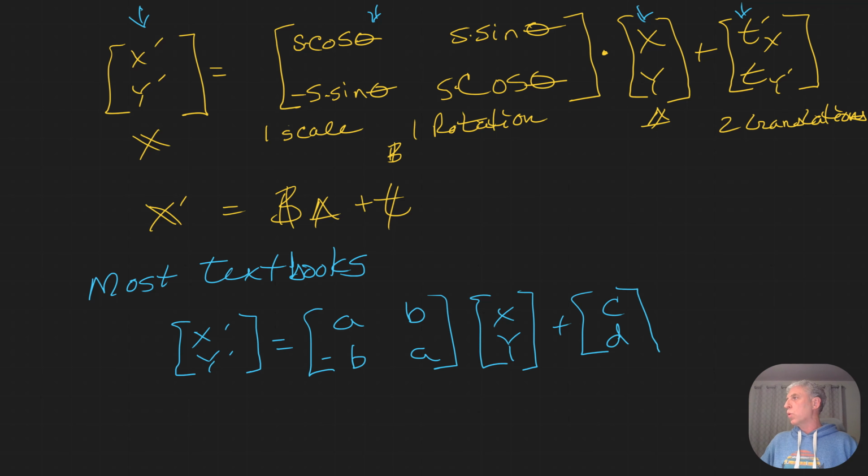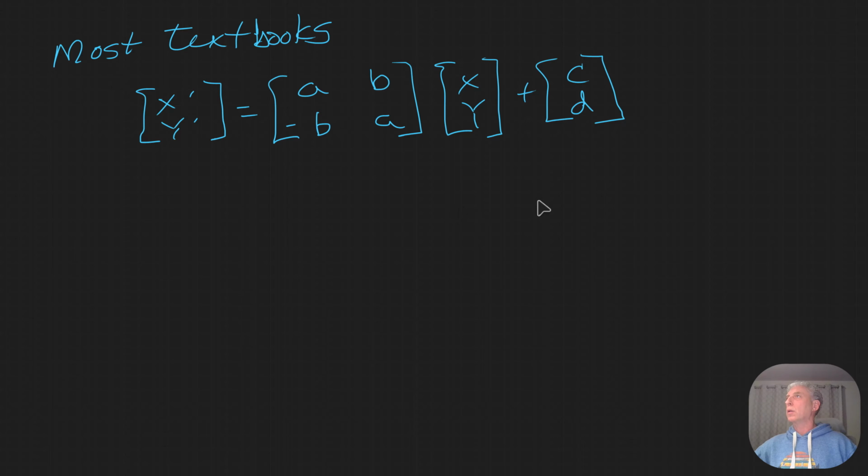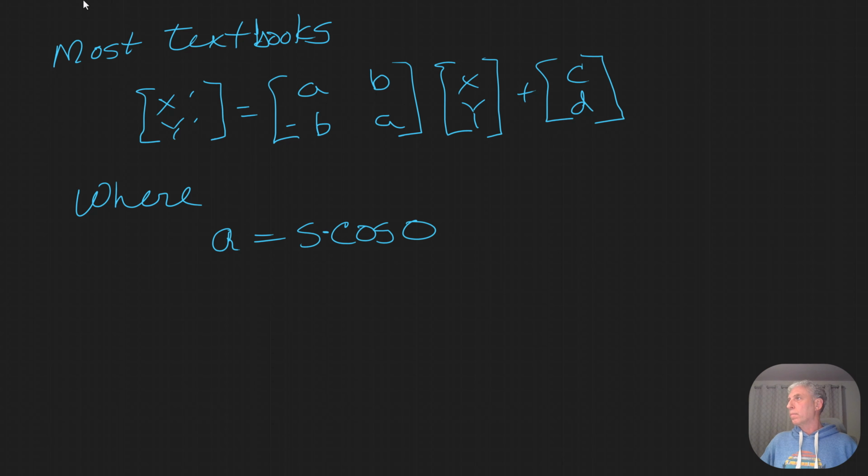So that's what we're going to work with. And in this, let's push this up and I'll label all these, where a equals s cos theta, so the scalar is in there, and b equals s sine theta. It does make for less writing, doesn't it?